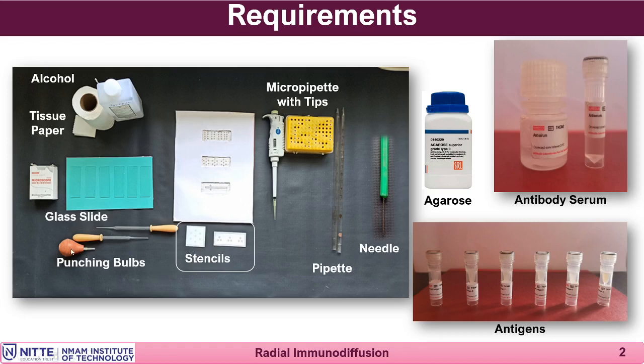The rubber punch is made up of a rubber bulb with a steel bore or an improvised device where a micropipette tip can be attached to that rubber bulb, and the tip of the micropipette tip is cut so that you will get almost about 3 millimeter diameter when you use it to punch the agarose gel.